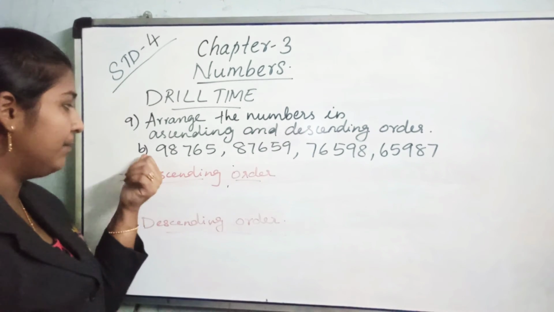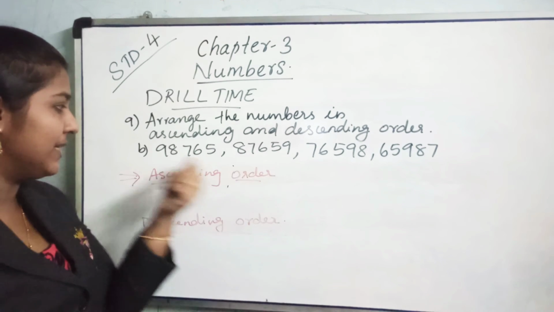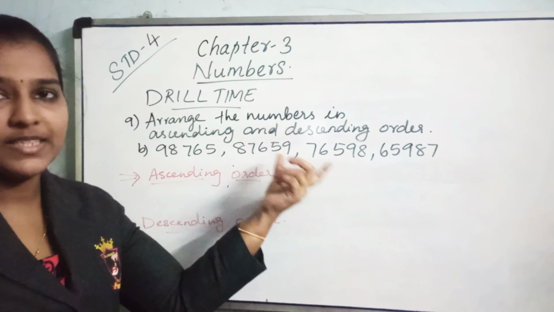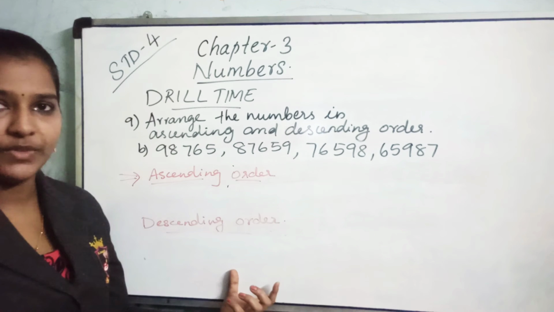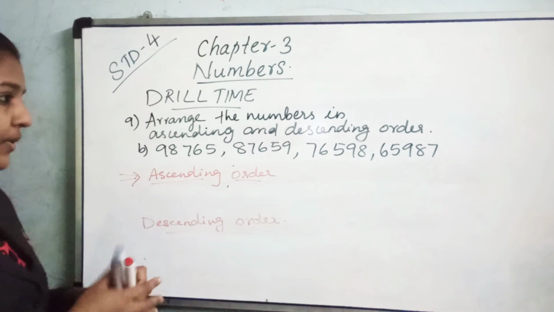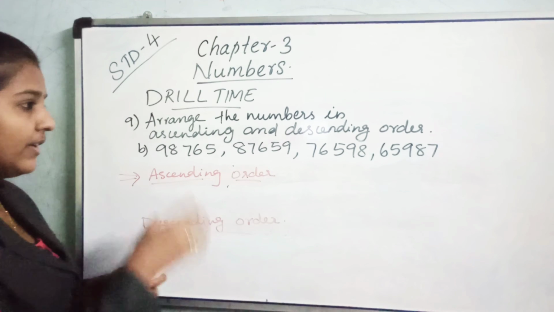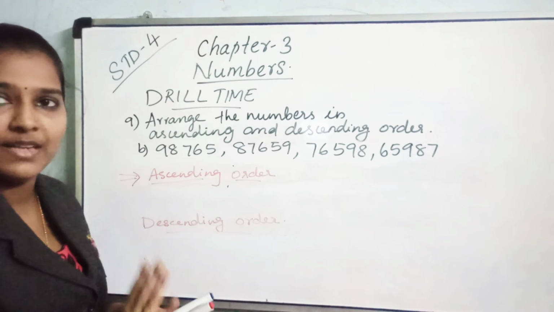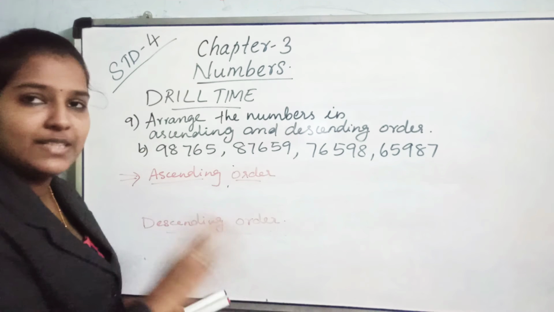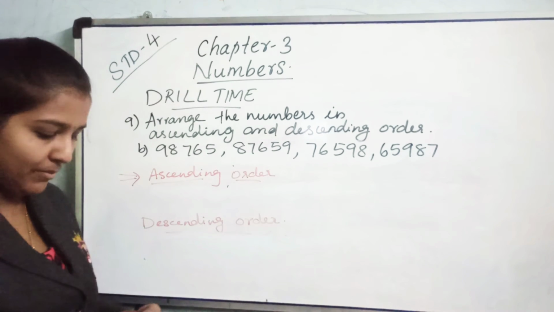Children, here is the B part question, the second set of numbers, and you have to arrange these numbers in ascending and descending order. Okay, so first I am going to take the smallest number from these numbers. First you check whether all the numbers are 5-digit numbers or not. Here we can understand all the numbers are 5-digit numbers.